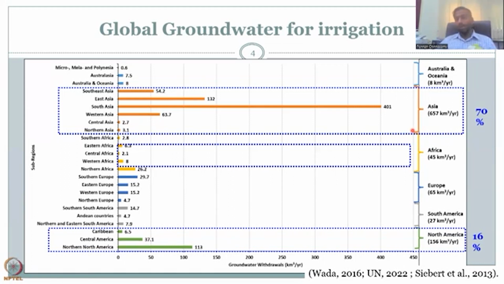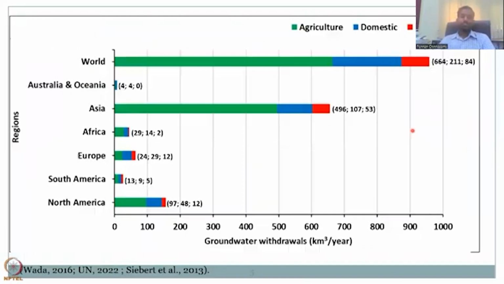So that is why we are number 1 as the highest groundwater extractor in the world. Out of 657 cubic kilometers per year, we extract around 245 cubic kilometers per year, which is a big amount, as the Asian region is big and also big in agriculture.